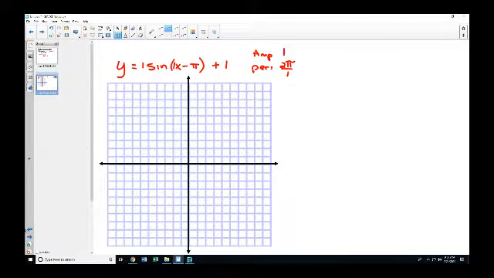So that is pretty standard, right? And it would look like that. Standard sine curve. So that's addressing just sine of x.